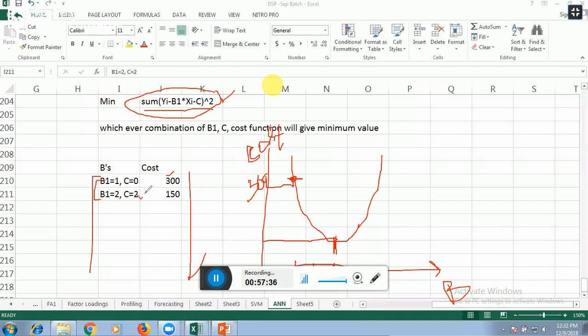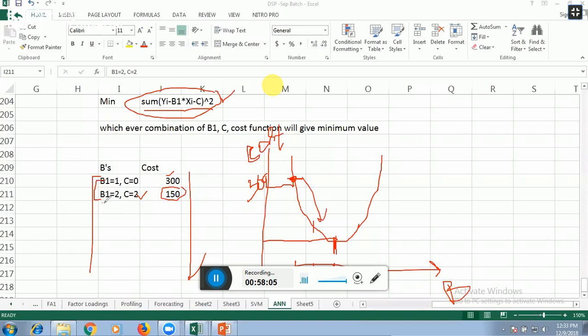Assuming I got 150, what does that mean? It means the error reduced from 300 to 150 by increasing the value. So if it is decreasing, then it is fine.